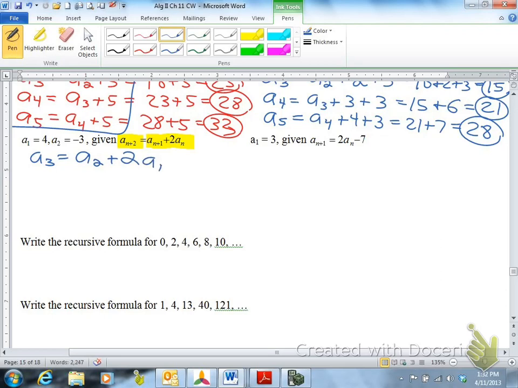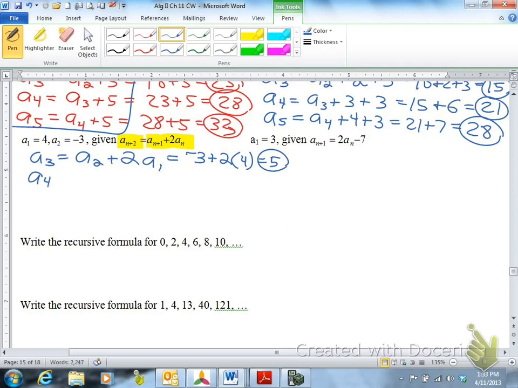So this formula is basically saying to find a term, take the term before it, plus double the term before it. Yeah. So we would have a sub 2 is negative 3, plus 2 times a sub 1 is 4, which is 5.